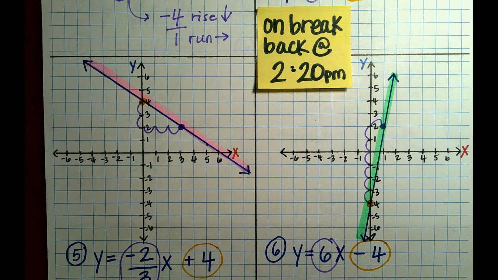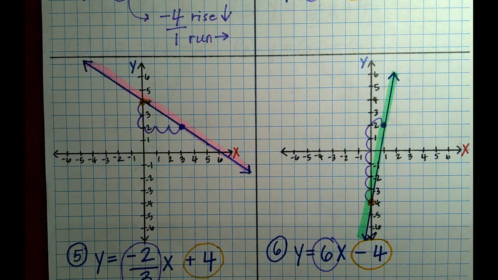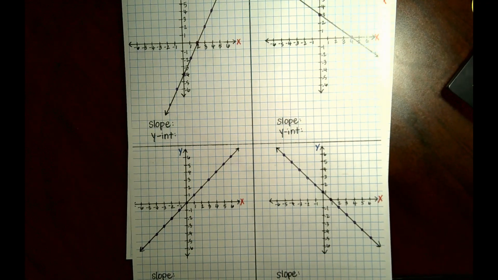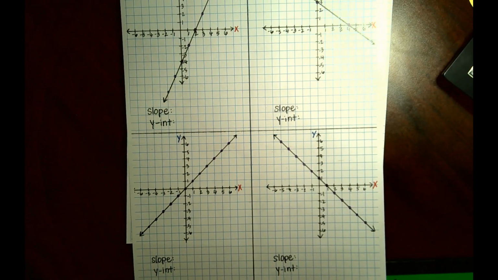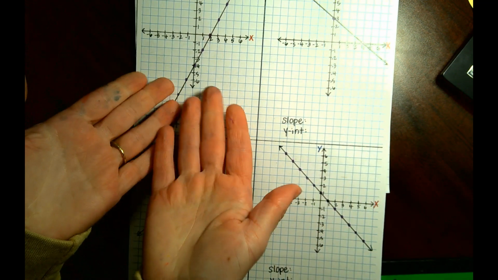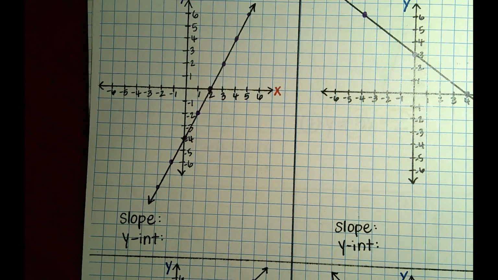All right, so we just did a bunch of work graphing lines, and it seems like you guys have got a good hold on that. So I just passed out a little piece of paper that looks like this. Now we're going to go in the opposite direction. Instead of me giving you an equation and you graphing the line, sometimes you're going to have a line that's already graphed with no equation.